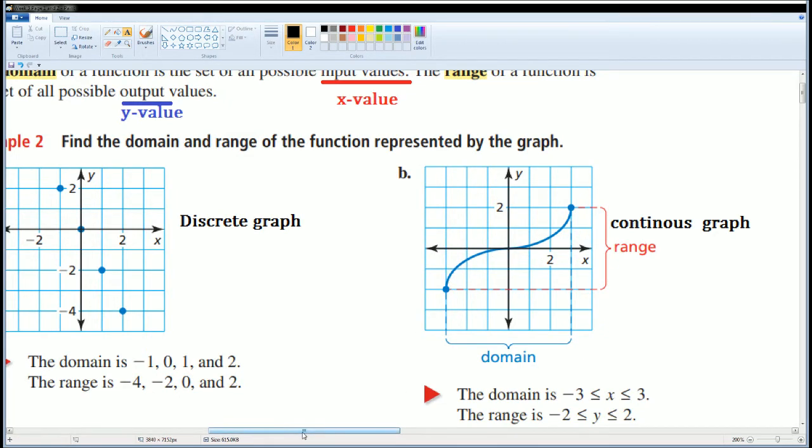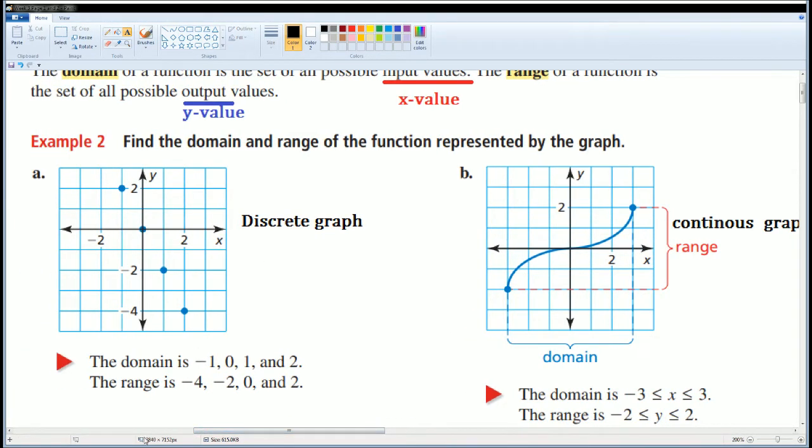There are no gaps. The domain here is the x values. The x value of this dot is x equals -1, x equals 0 for this dot, x equals 1 for this dot, and x equals 2 for this dot.